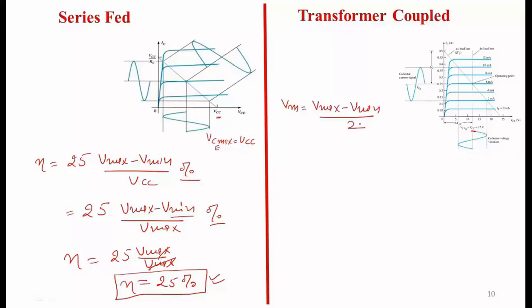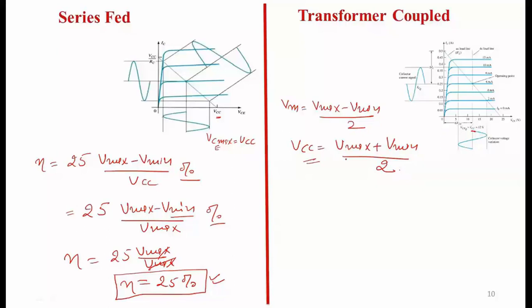Now the VCC value is equal to (Vmax plus V minimum) divided by 2. So this is the value of VCC in case of transformer coupled amplifier.